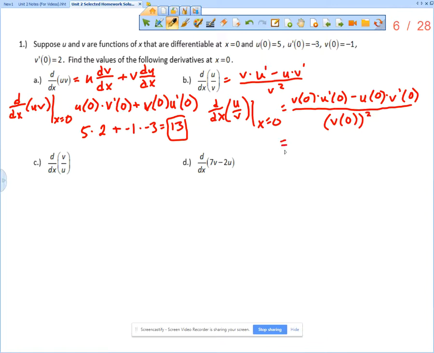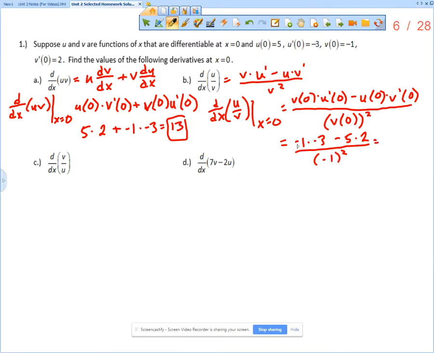All right, so v of 0 is -1 times u prime of 0, -3, minus u of 0, 5, times v prime of 0, 2, divided by v of 0, -1 quantity squared.